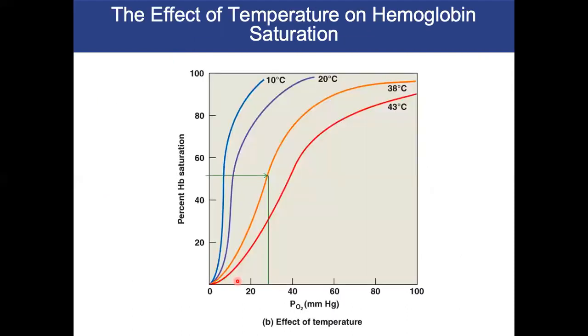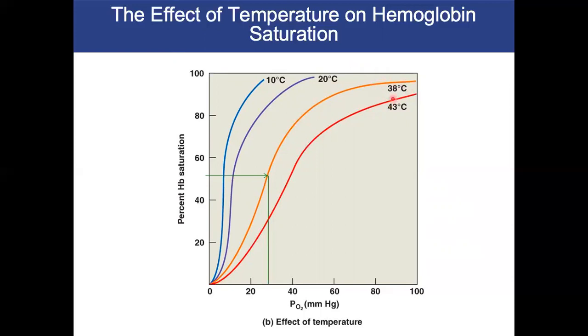Okay, so let's look at the effect of temperature on hemoglobin saturation. Again, we're going to pick 50% because it's easy to see the differences. Look at the colored lines. The orange line is 38 degrees Celsius.